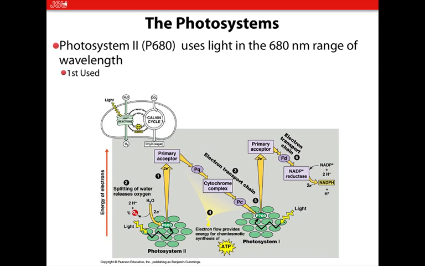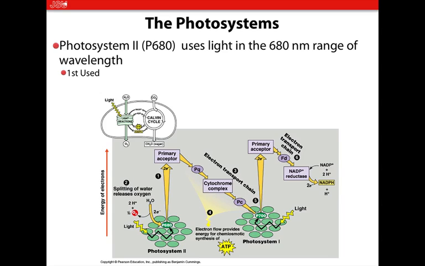So that's why in this image, in the middle of it, we have a primary acceptor and a series of arrows pointing down. That downward slope indicates that the energy of the electrons is lowering as they move through the electron transport chain. Where does that energy go?